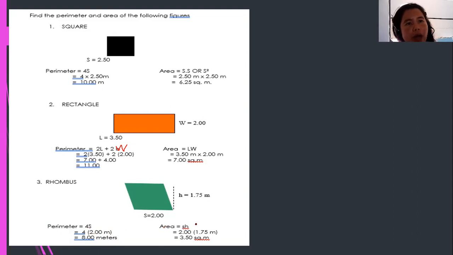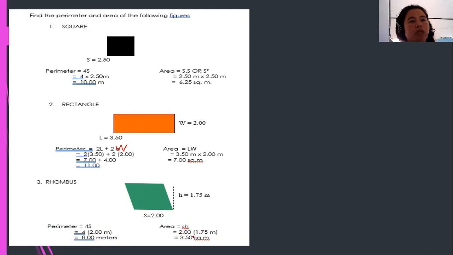How about the area? Area equals s times h, where s equals 2 and h is 1.75 meters.